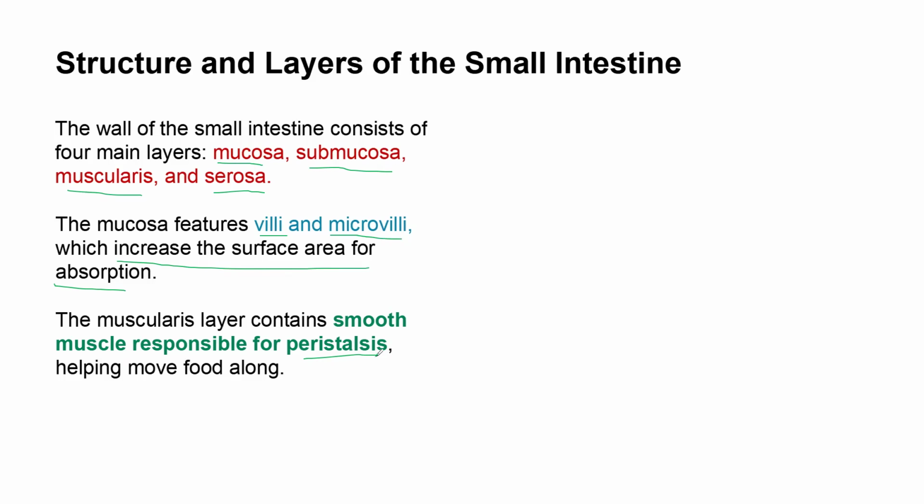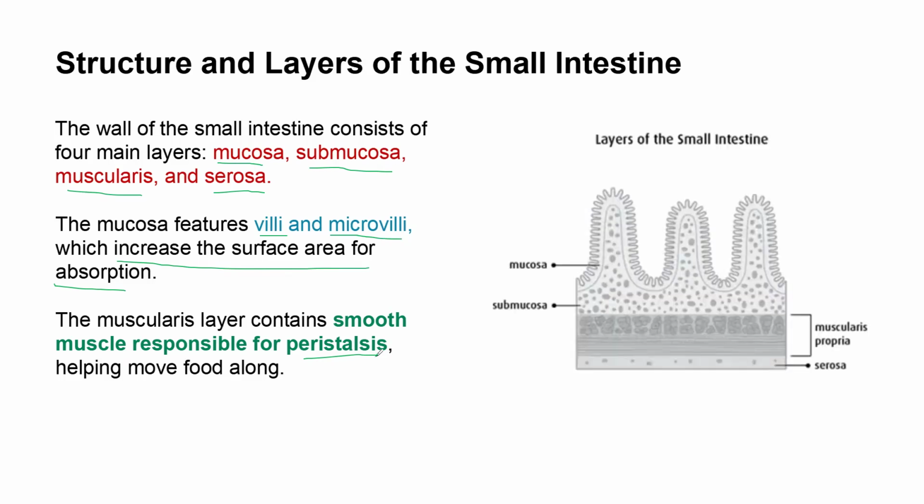And what is peristalsis movement? Peristalsis movement is a process that involves moving food downward, so it helps in moving food along. That is the meaning of peristalsis movement. The peristalsis movement of food is controlled by the smooth muscles in the muscularis layer.